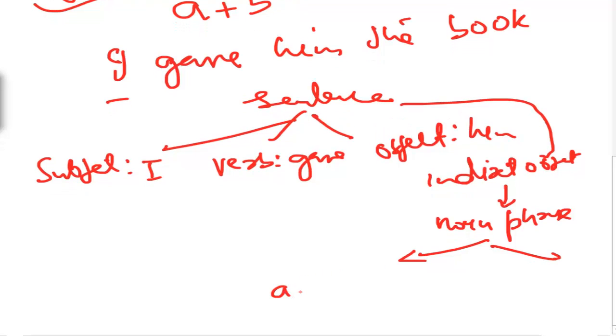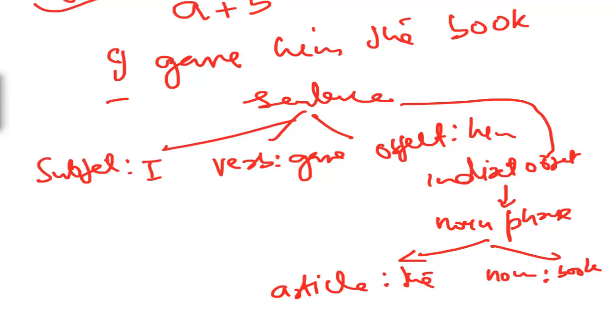One is the article, the, and we have the noun, that is book. Now if you look at this structure, this is the syntax tree, or in our case the parse tree, right? This is what our parser actually builds.